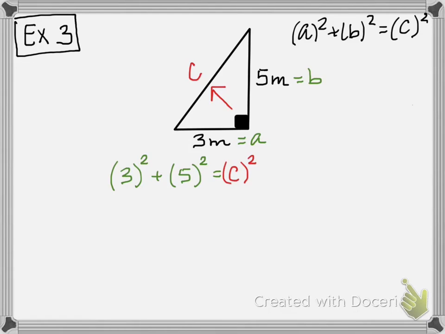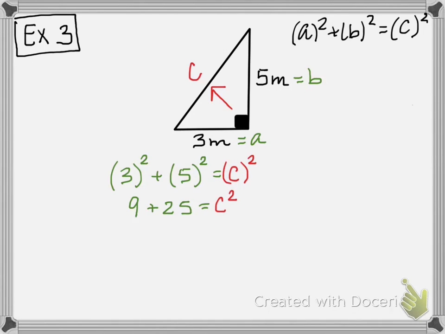Okay, notice same steps, guys, as the last two. 3 squared is really just the number 9, plus 5 squared is the number 25, and that equals my C squared, but I can now drop those parentheses.